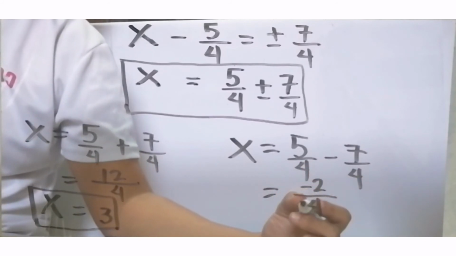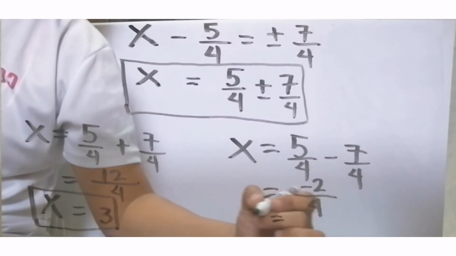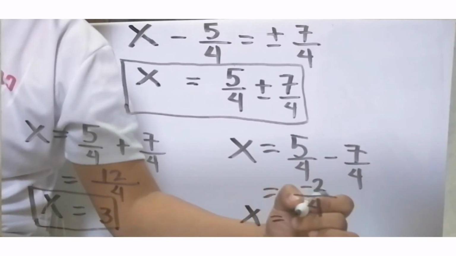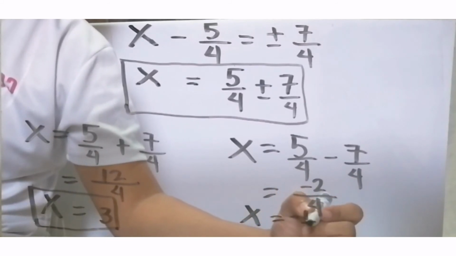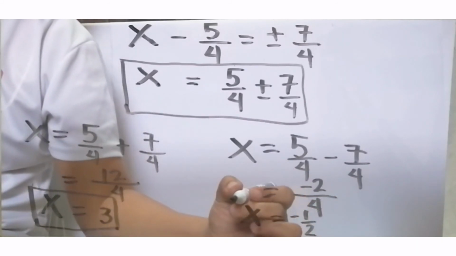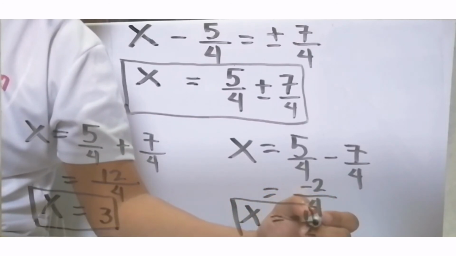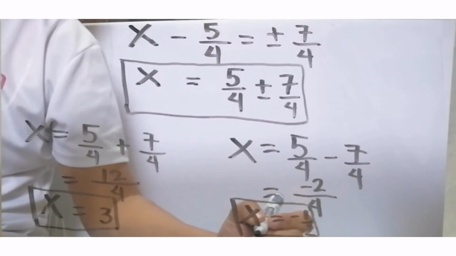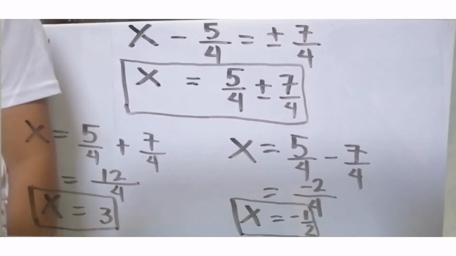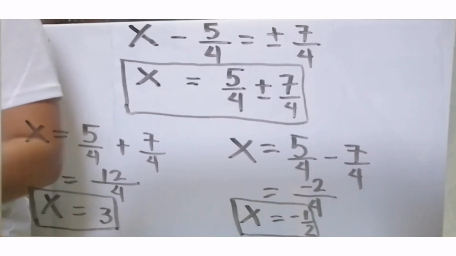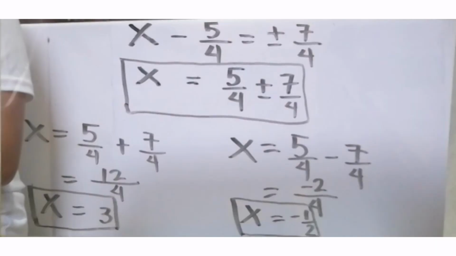So, simplify this negative 2 over 4. Ang x na natin ngayon ay equal to negative 1/2. So, ito ang isa sa ating mga solutions. Ibig sabihin, ang mga x natin ay positive 3 at negative 1/2.